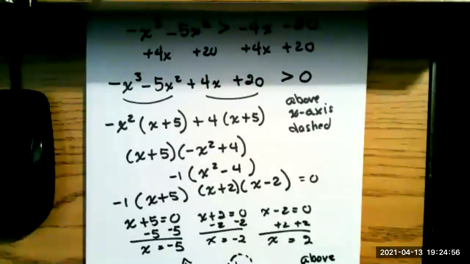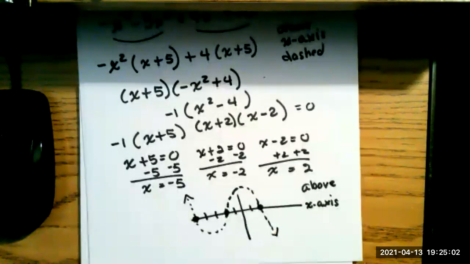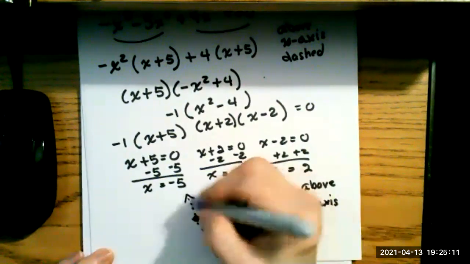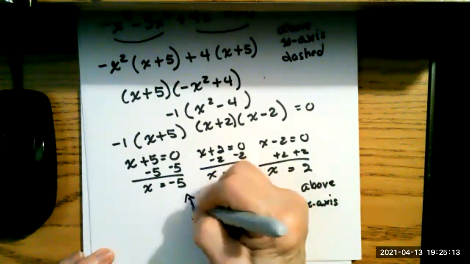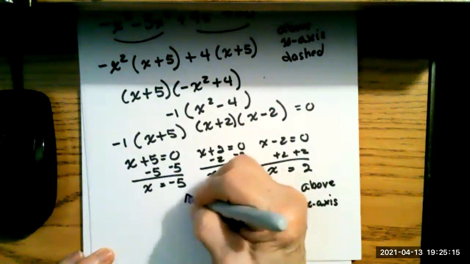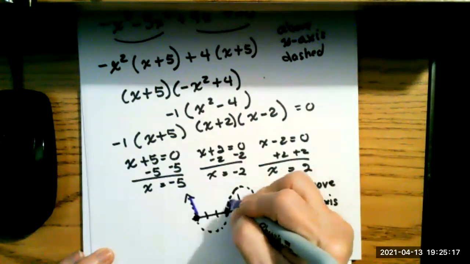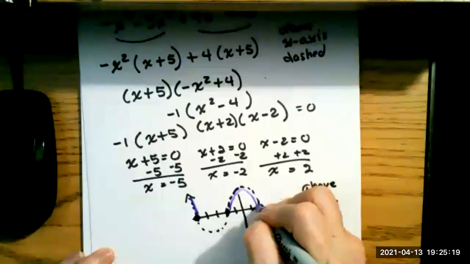Now my question is, where is this graph above the 0, the x-axis? Well, this is the x-axis. This part of it is above, right here, and this part from here over to here is above.